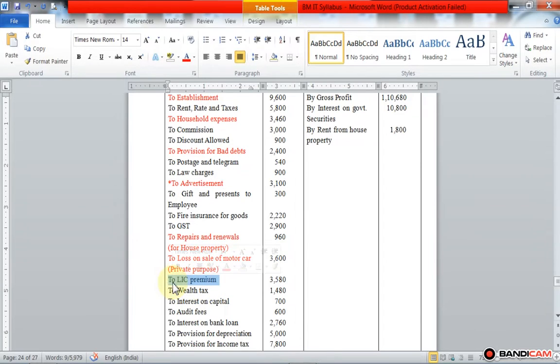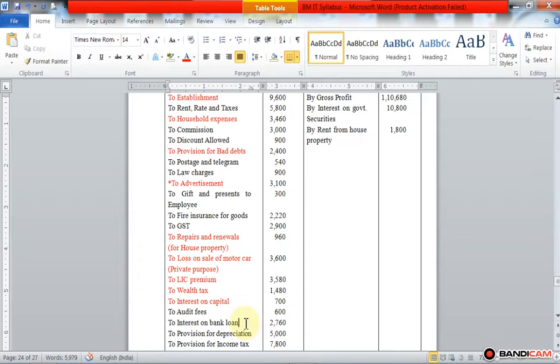LIC premium is personal expenditure, disallowed. Wealth tax is personal expenditure, disallowed. Interest on capital is disallowed in the business. Audit fee is allowable expenditure because the auditor is appointed for checking the books of accounts of the business, and the fee is paid to the auditor.